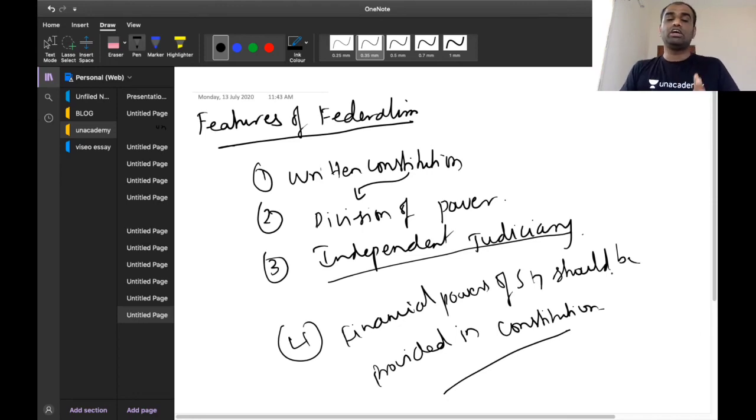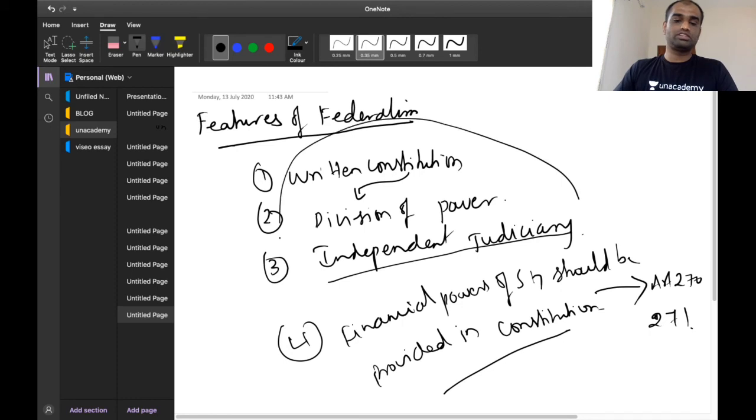So in a federal country it is very important that the financial powers of state government are clearly defined in the Constitution itself, so that there is no dispute between central and state government. In India, the financial powers of state government are mentioned in Article 270 as well as 271.